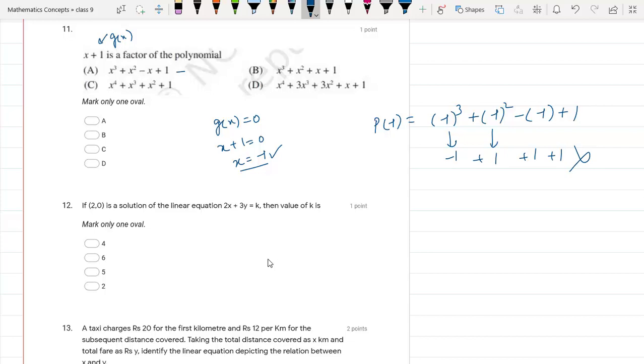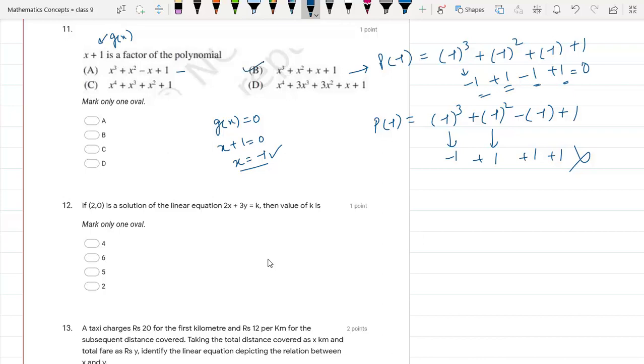Let's check in option number B. Again with p of -1, we will get -1 cube plus -1 square minus -1 plus 1. So this becomes -1, this becomes plus 1, minus -1 plus 1. This time we have 2 positive, 2 negative. So the answer is 0. Hence option B is the correct one.